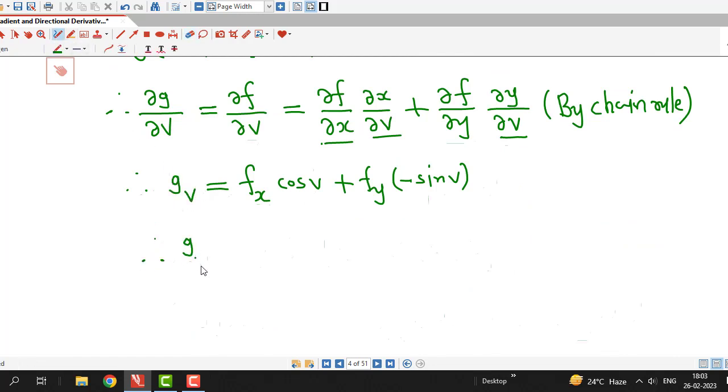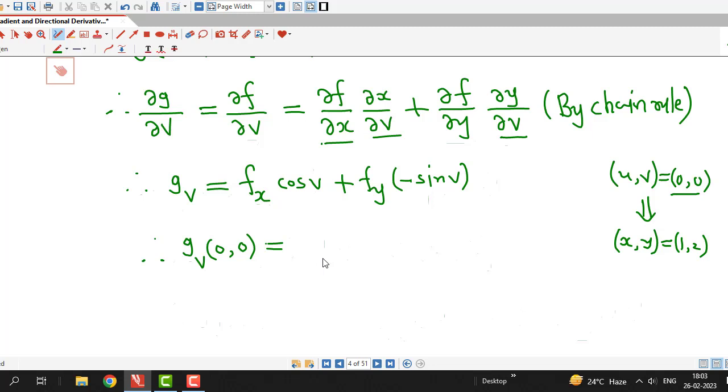Now we are interested in the value of del g by del v at point 0, 0, that is u equal to 0 and v equal to 0, and we have obtained corresponding values of x and y as 1, 2 for this point. So here we write del f by del x at point 1, 2, and u and v are 0, so here we write cos 0, and this negative sign, del f by del y at point 1, 2 into sin 0.